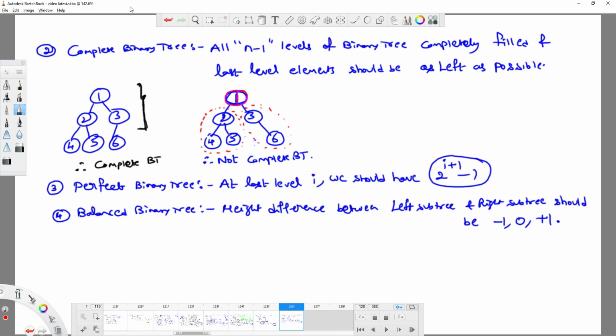Height of right subtree is nothing but 3 or 6, which is 1. What about the height of the left subtree? 1. 1 minus 1? 0. Right? So, which is balanced. If I want to make this a subtree, you have to remove these edges somewhere. Subtree is nothing but any of the descendants, right?